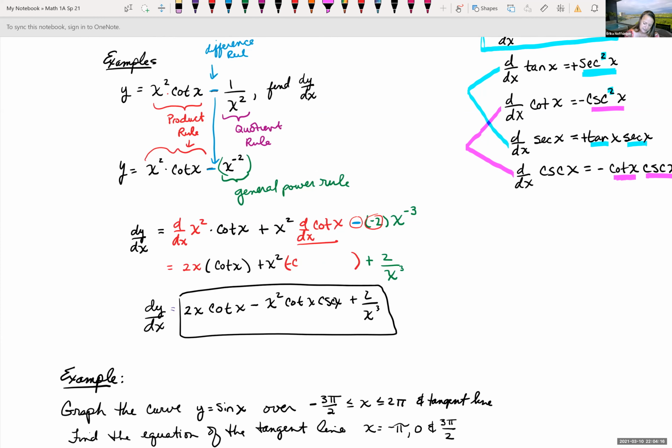So right here, this derivative was negative cosecant squared x. We pulled the negative out, but this should be in here, cosecant squared x.